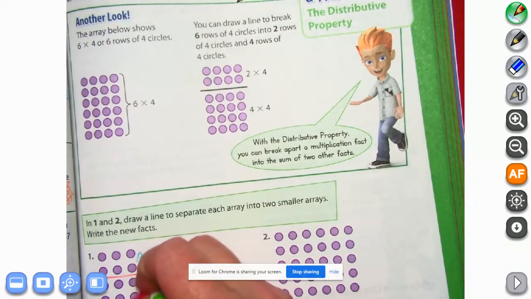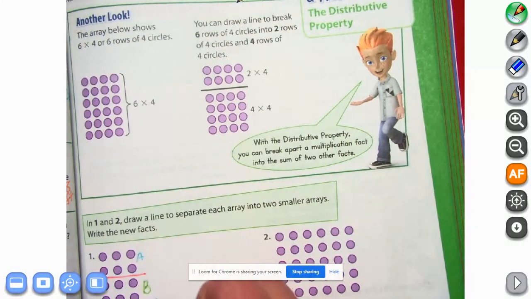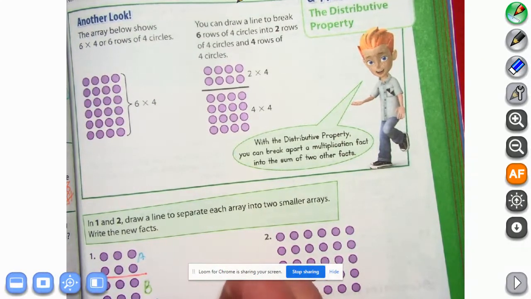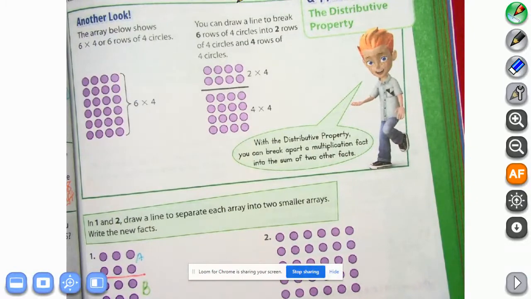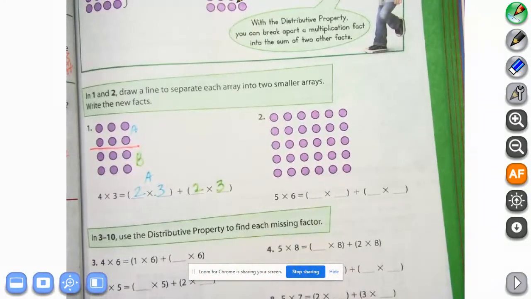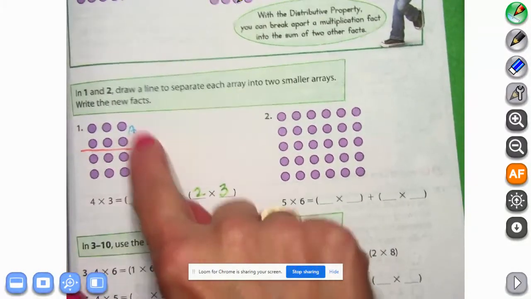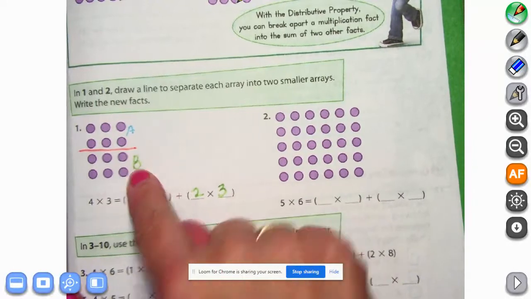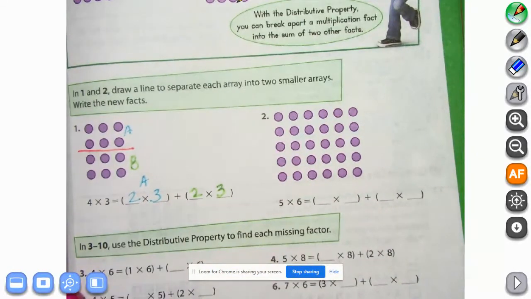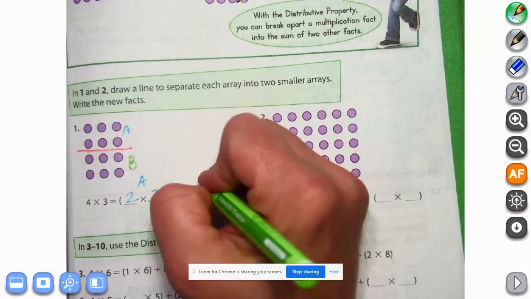And this one is B, and that is 2 times 3. So I split that in half, named this one A, named this one B. Here's the problem for A, and here's the problem for B.